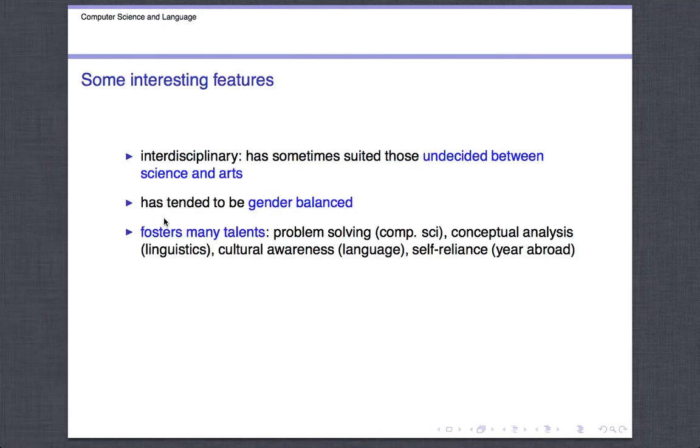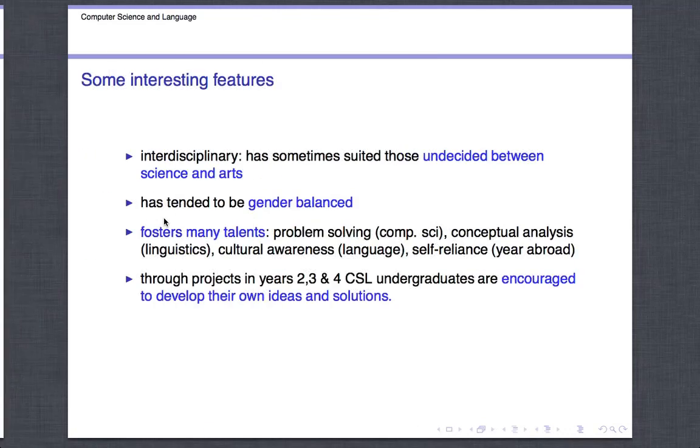I already mentioned this: by its nature, it fosters many talents. So problem solving, conceptual analysis, cultural awareness, self-reliance. You're certainly put through your paces through a whole variety of different kinds of activities, so you get a lot of bang for your buck from your time at university. It's not just one thing that you're exercising the whole time.